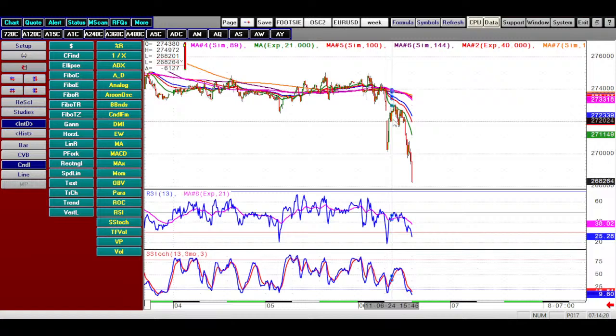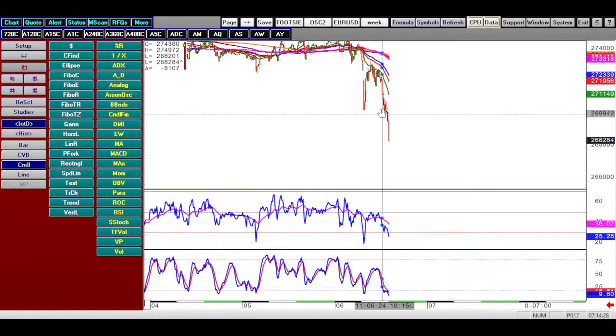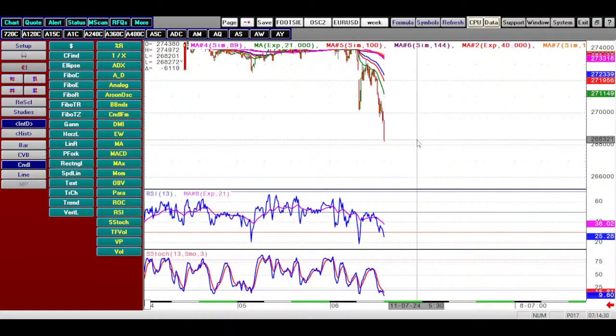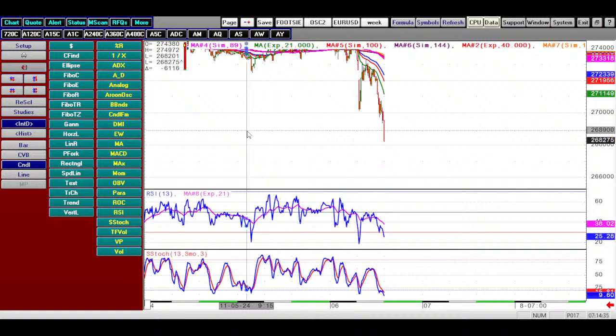Then we should see the price moving lower. Then we don't want to enter a buy, because all the forces are still pointing down. We don't want to go into this trade. The next trade we look into is the euro dollar.